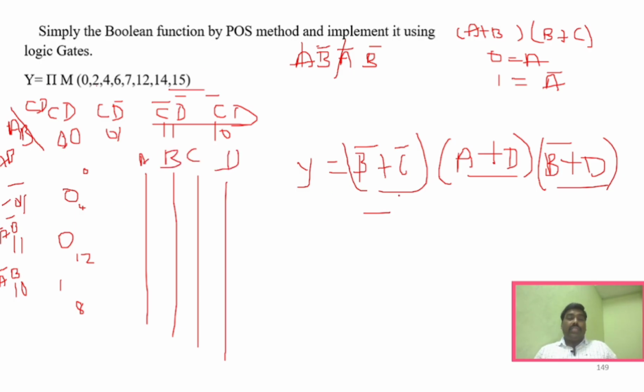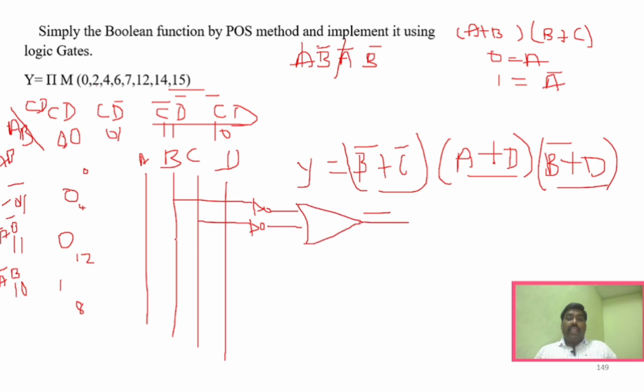So you can see here it is B bar and C bar. From B I'm taking it, putting a NOT gate here, and from C I'm putting a NOT gate here. So it will become B bar and C bar, and it will be a summation, so I use an OR gate.